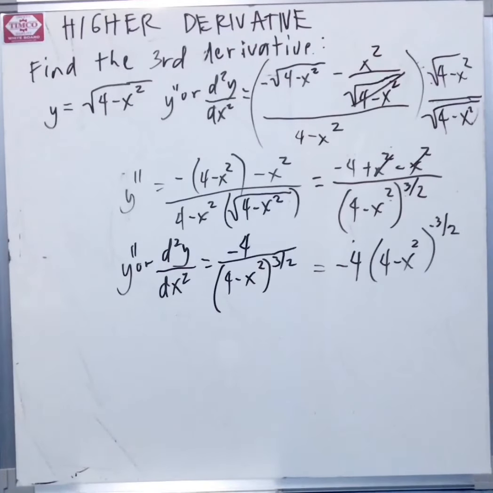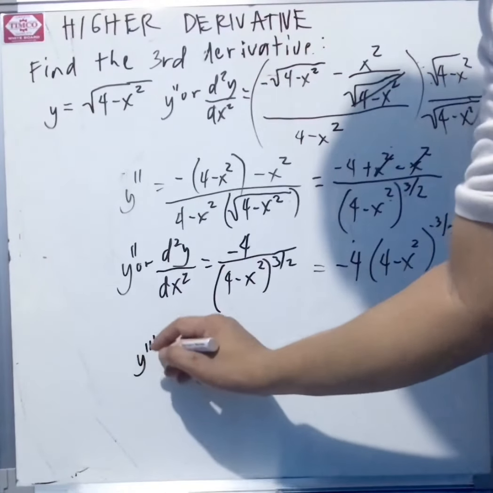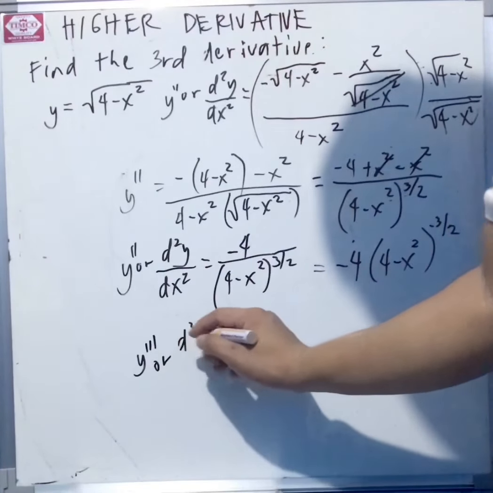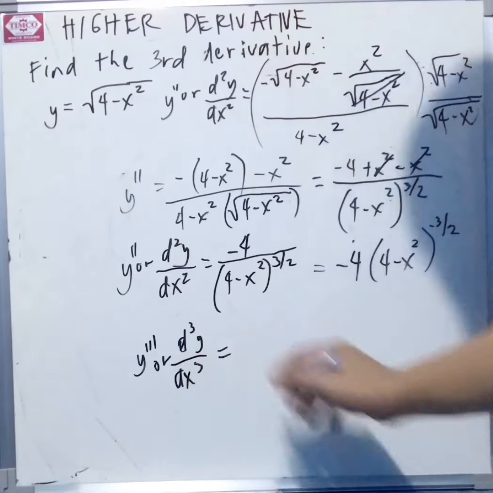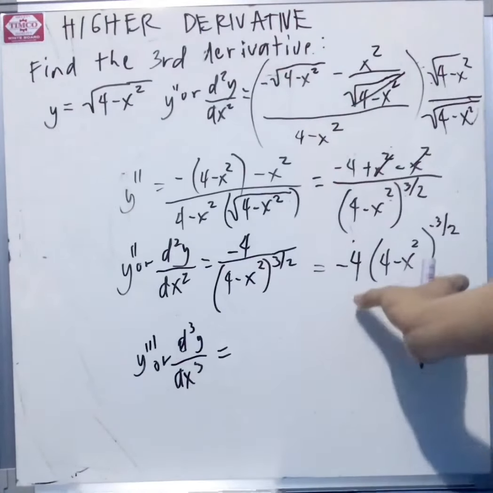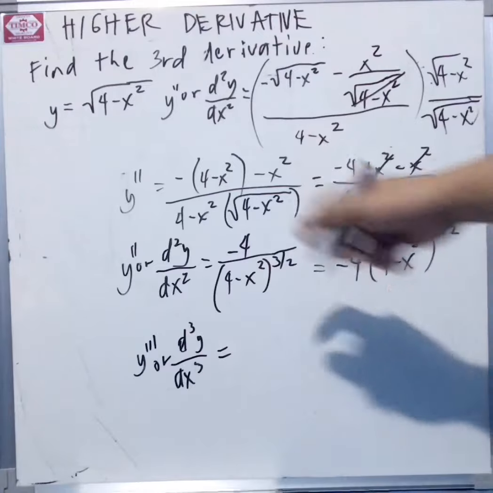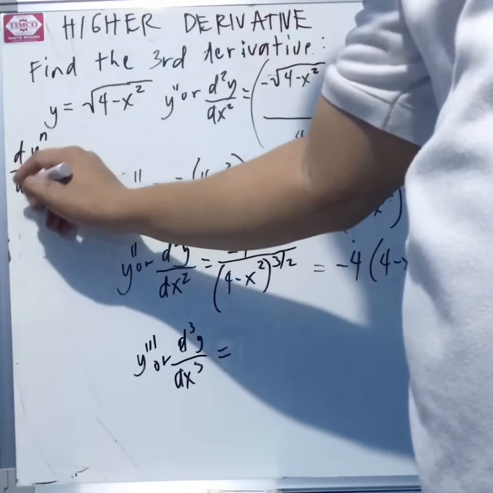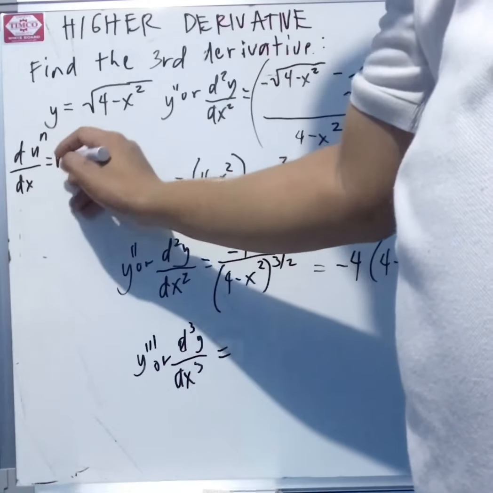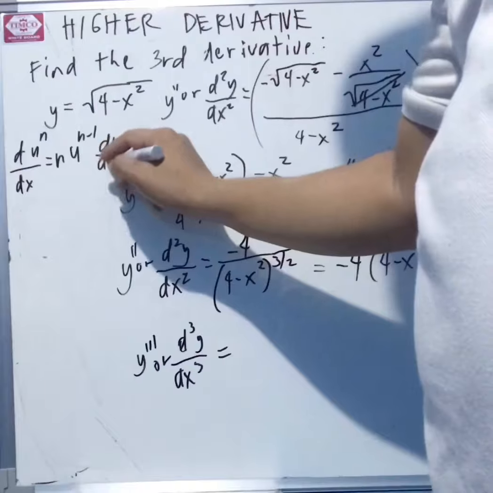Ngayon, hinahanap natin is third derivative. So, kukunin natin yung ating third derivative. Okay? Third derivative or third derivative of y over dx cubed. Okay? Kung titignan nyo itong form na to, okay, kailangan natin gamitin yung ating general power formula. Okay? So, derivative of u to the n over dx is equal to n times u to the n minus 1 times du dx.